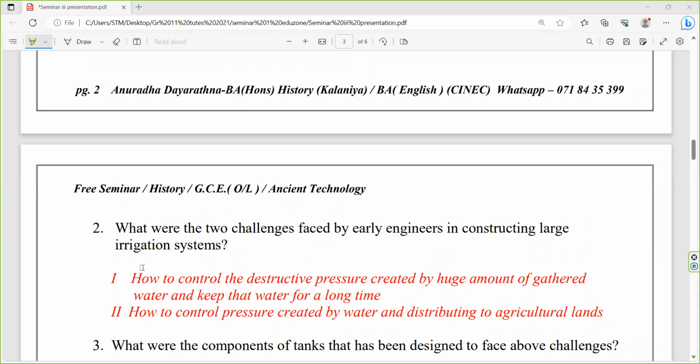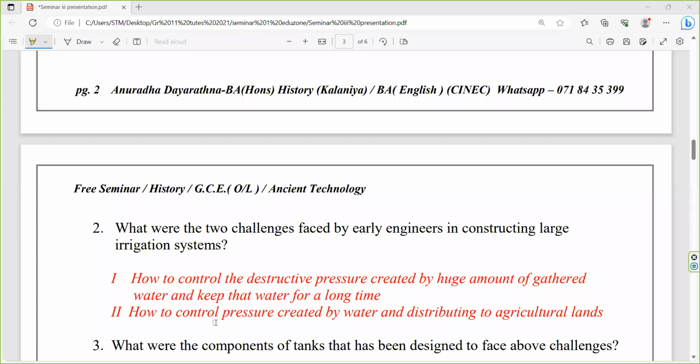Now, what are the 2 challenges faced by early engineers in constructing tanks? First, how to control the destructive pressure created by a huge amount of gathered water and keep that water for a long time. I explained on the board, even in my presentation, what component could be used to control the destructive pressure created by the huge amount of gathered water.